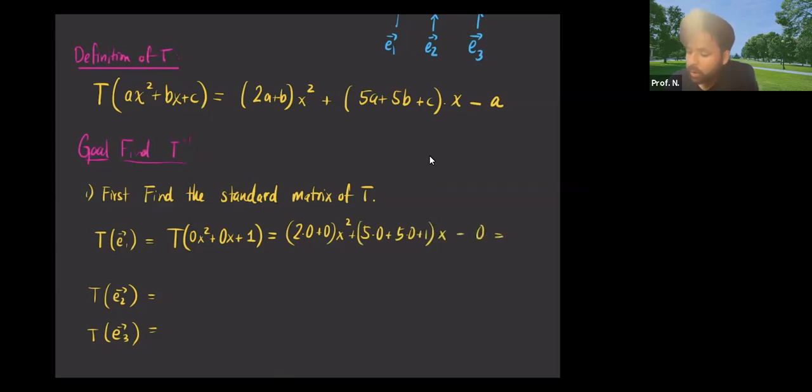So what's the result? The result is a polynomial that looks like this: 0x squared plus 1x plus 0, which as a vector would be 0, 1, 0. That would be my first column of my matrix A. Remember, this is the first column of A.